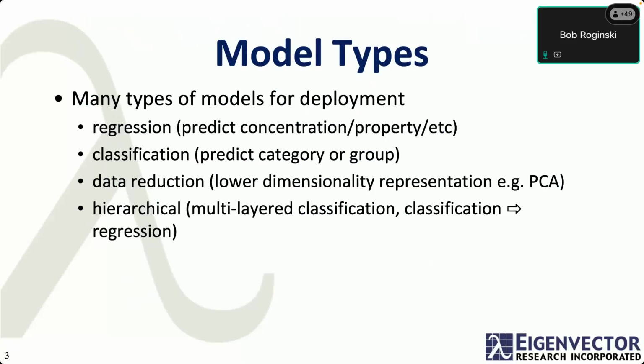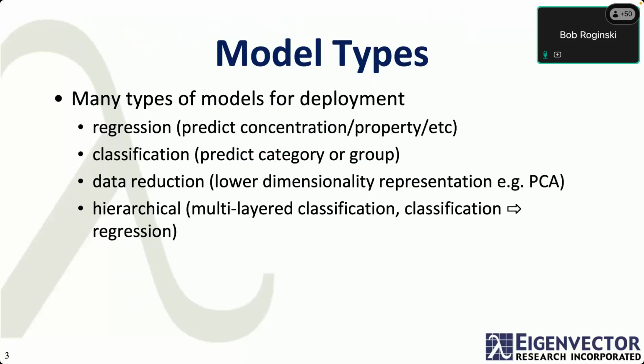Regression is probably the most common, where you're going to make a transformation on your data, and from that predict concentrations or properties or something of that sort. Another widely used category is classification.